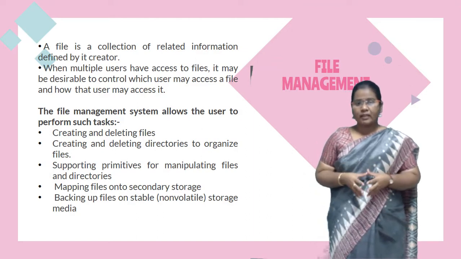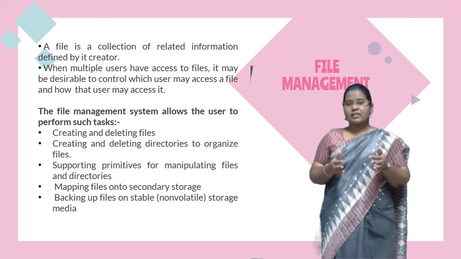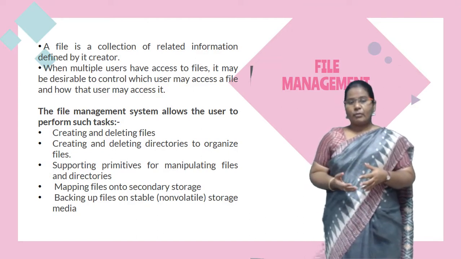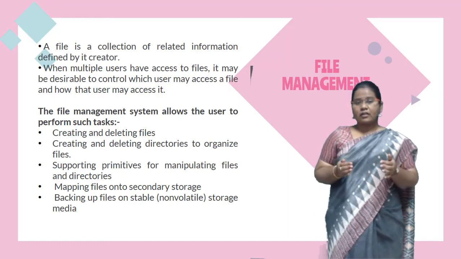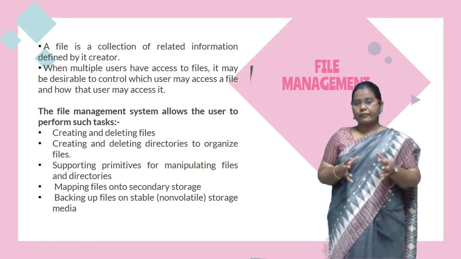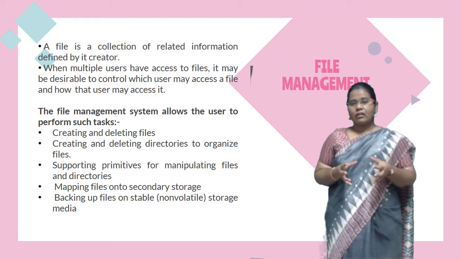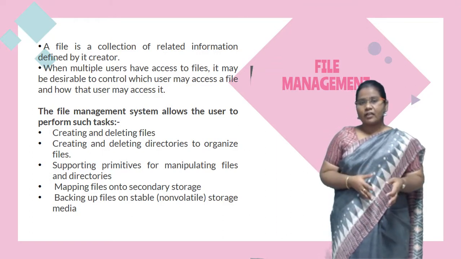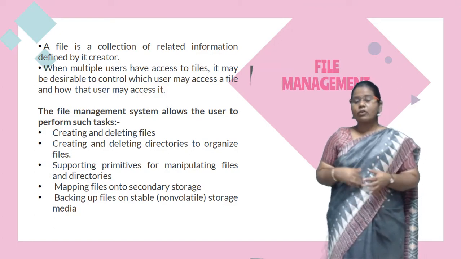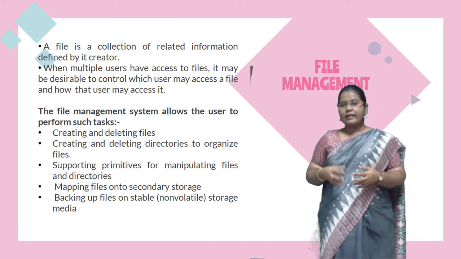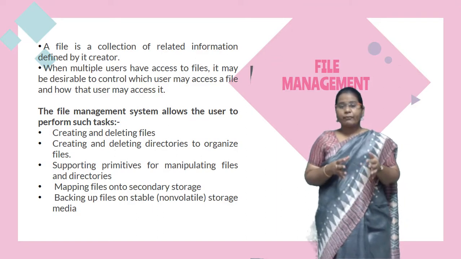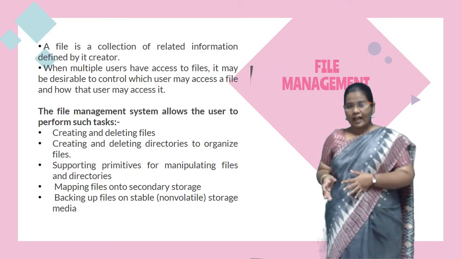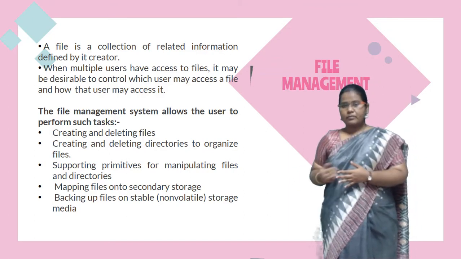So what is this mapping in the sense? We already discussed, if you want to open a file, that file also should be loaded into the main memory. When you are saving a file, if you have already written some data in the file and saved it, that file will be saved in the secondary memory. So once you want to open the file again and edit some text, the file which is stored in the secondary storage device should be loaded into the RAM and then to the CPU.